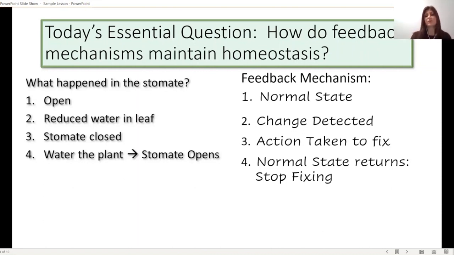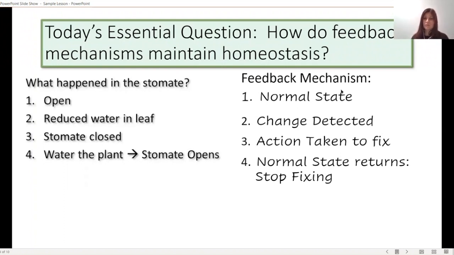Okay, I'm going to give you a household example. The thermostat that controls your heat, that's a feedback mechanism. So you have it set at, say, 68. And there's a little bit of range up and down. It'll stay in the range of 68. So if it's 68, life is good. That's the normal state.